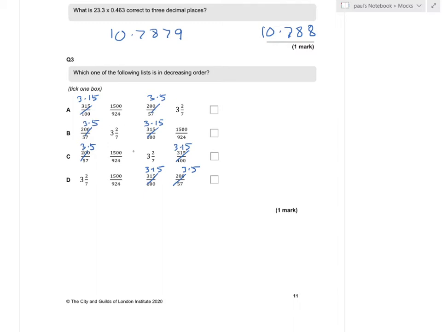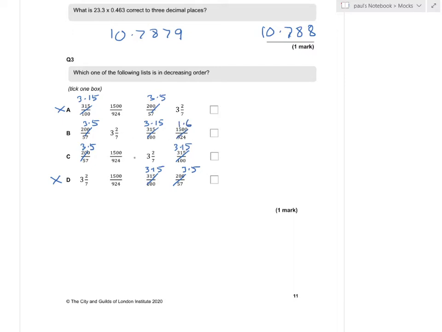So that is wrong, look, because that's going up, so I've got rid of that. And that is going up, so that's wrong, I've got rid of that. 1500 over 924. 1500 divided by 924 is 1.6.